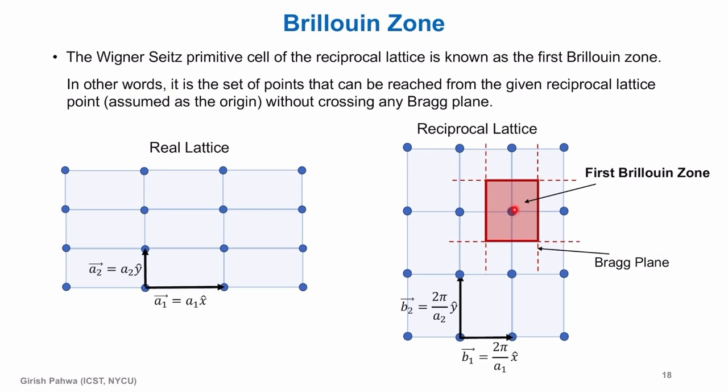You have this lattice point, and these are the neighbors. I'm just going to take the perpendicular bisectors, and this region that is formed is my Wigner-Seitz cell, but in the reciprocal lattice, and this is called the first Brillouin zone.